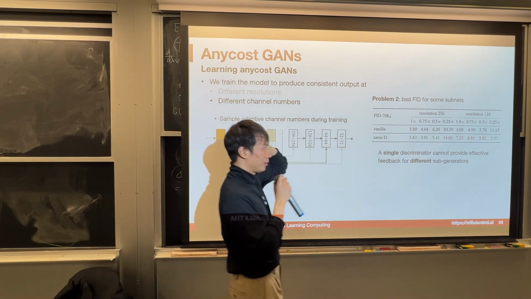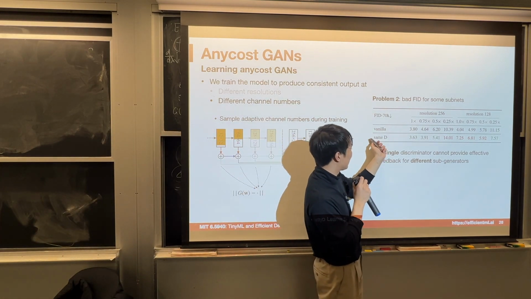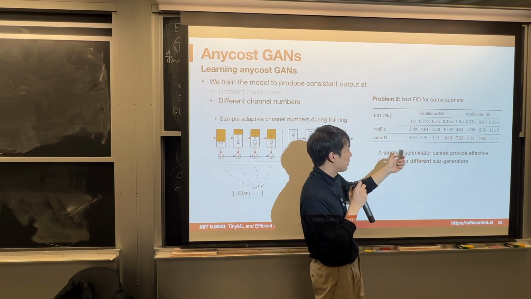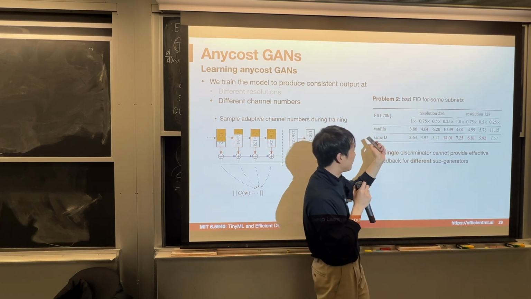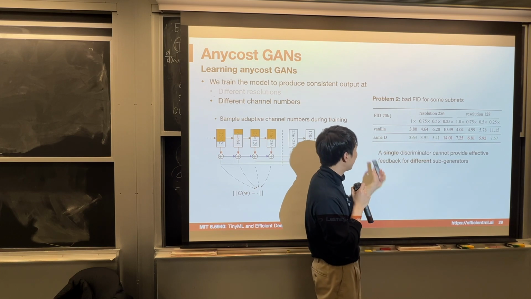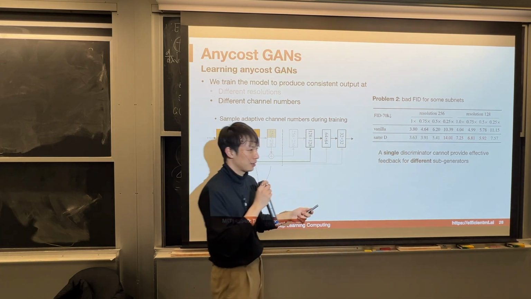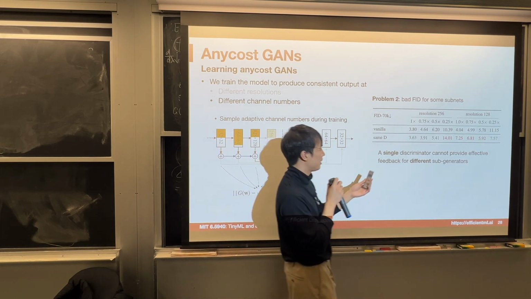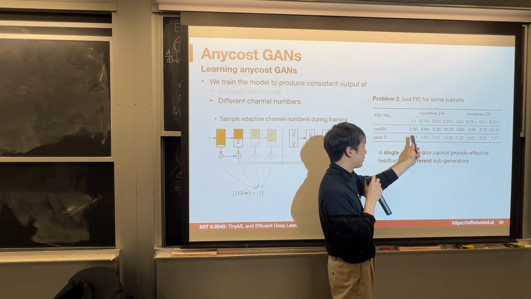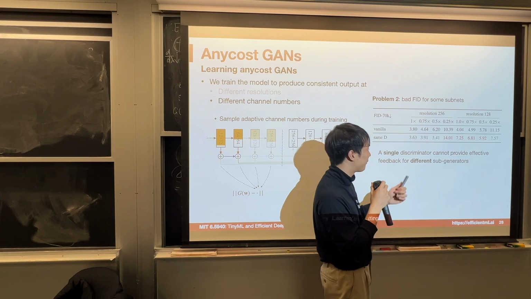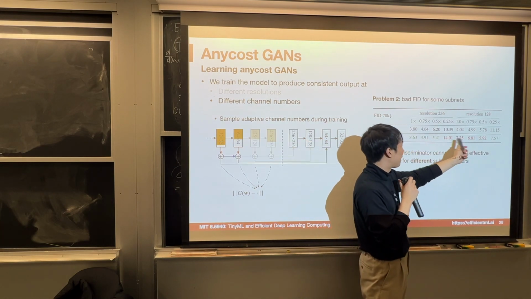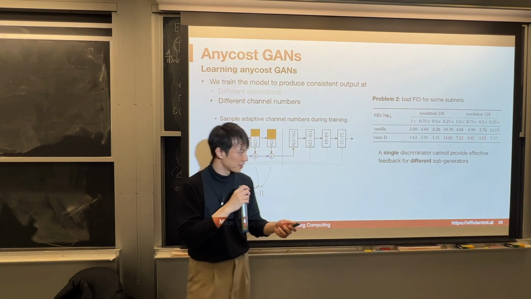And the second thing is actually more weird. We compare to the vanilla baseline, where we just train a single model at a certain channel configuration, and we also train our model that can run at different channel configurations. One interesting thing to notice is that for some channel configurations, the FID of our unified model is better, in green, and for others, it's actually worse.